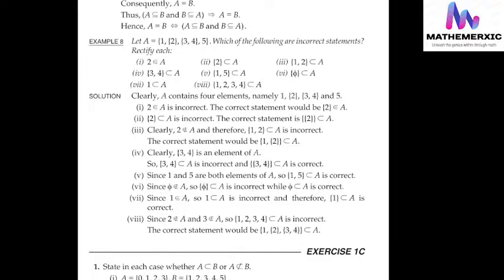For the sixth one, phi is not a subset of A. Phi is a subset of A is incorrect, while phi is a subset of A. Phi in brackets is a proper subset of A, that we can't say right now.